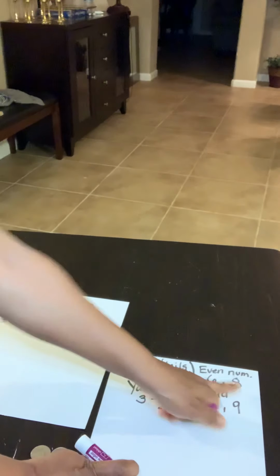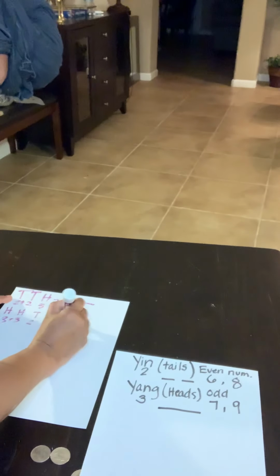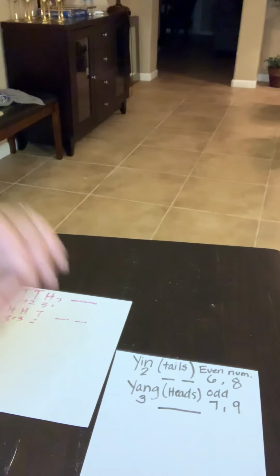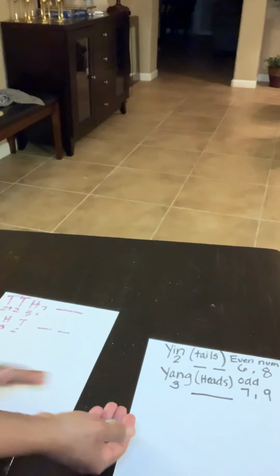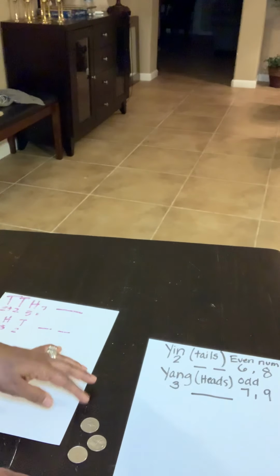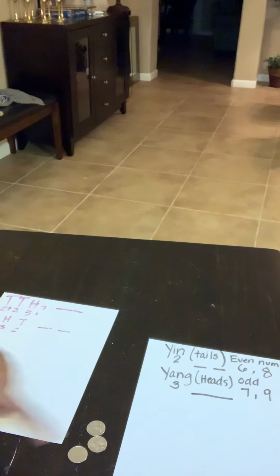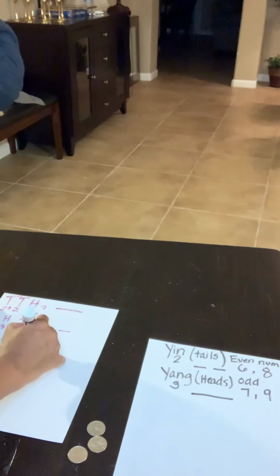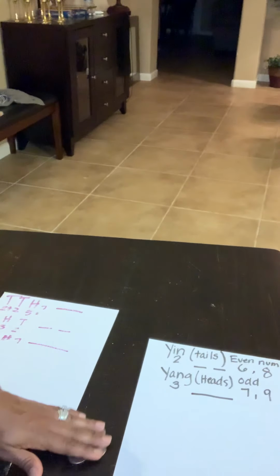And we know that 8 gives us a broken line. Almost there. Now we have 2 tails and a head. Same thing, that's going to give us 7, so we have a solid line.